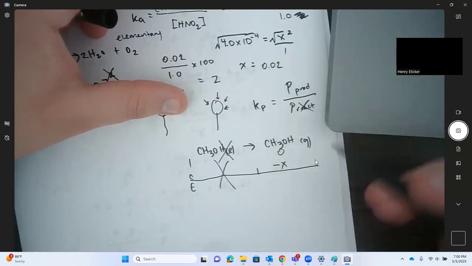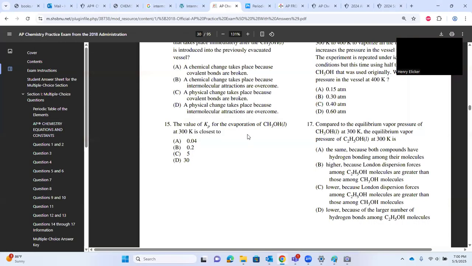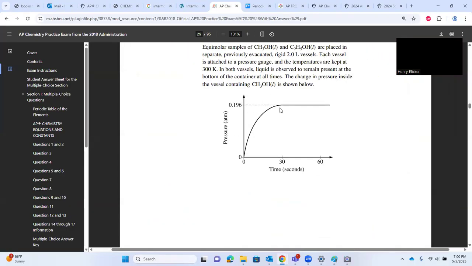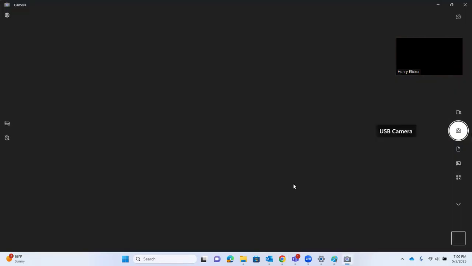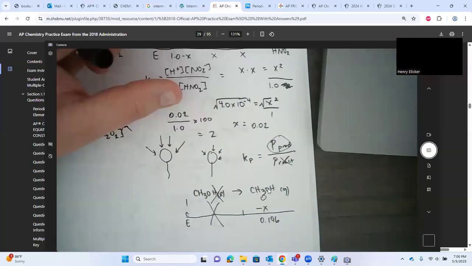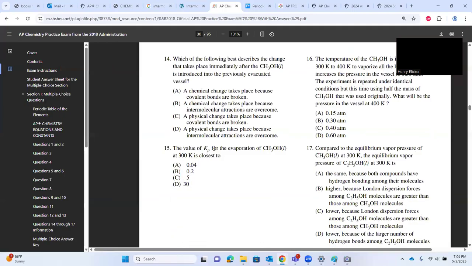We'll just look at the equilibrium pressure, 0.196. Plug that into your Kp. That's the only value, so the Kp is the equilibrium pressure. And therefore it is 0.196, or 0.2 if you round.